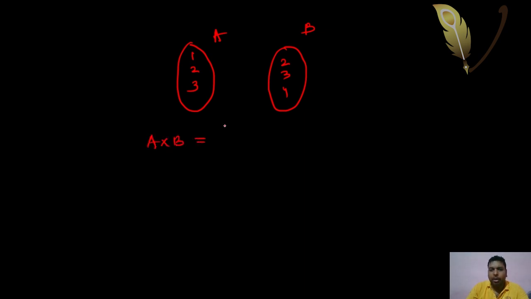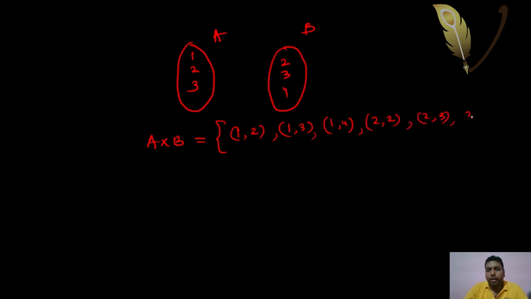What is the Cartesian product of A and B? Cartesian product of A and B is (1,2), (1,3), (1,4), (2,2), (2,3), (2,4), (3,2), (3,3), (3,4). This is the Cartesian product of A and B.